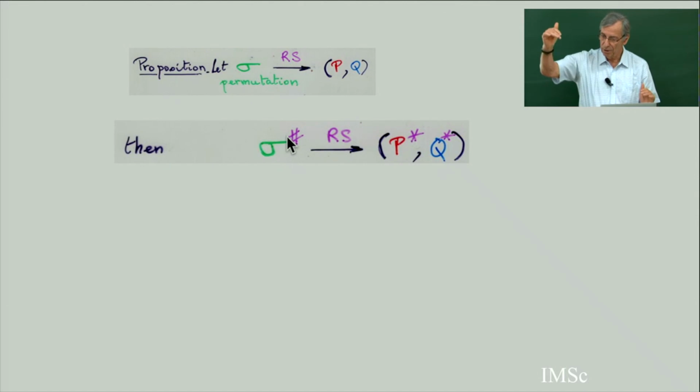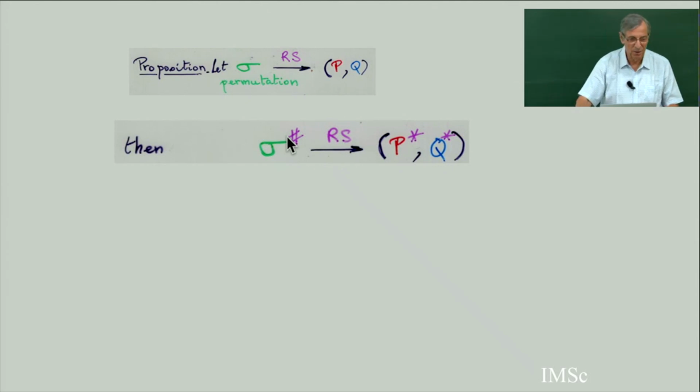This means you rotate the figure of the permutation by 180 degrees. What you get is exactly the dual: the pair PQ becomes the dual P and Q.